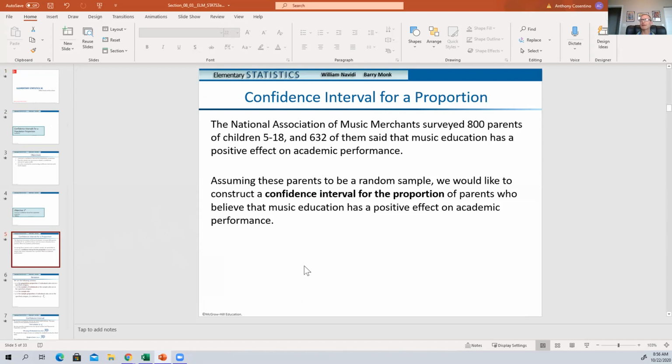So the idea now is using the central limit theorem for the proportion. The proportion is the total positive, which would be 632, divided by 800, which is our n value. We're going to use that as the mean, and the calculation of the central limit standard deviation to calculate the margin of error, just like we did in the last section.